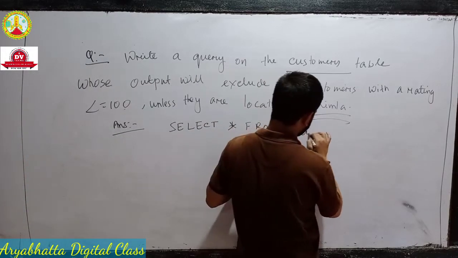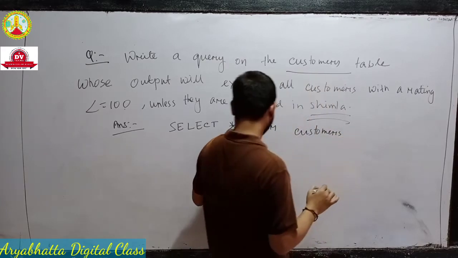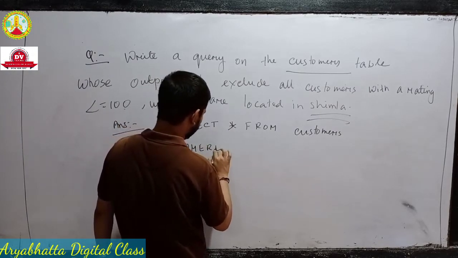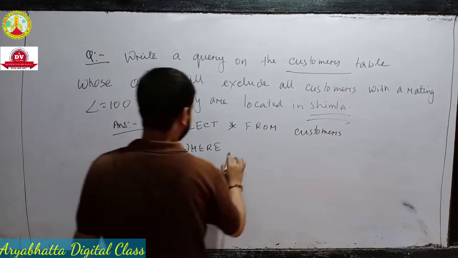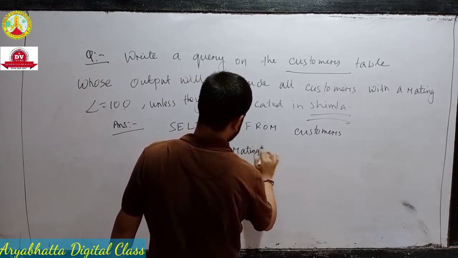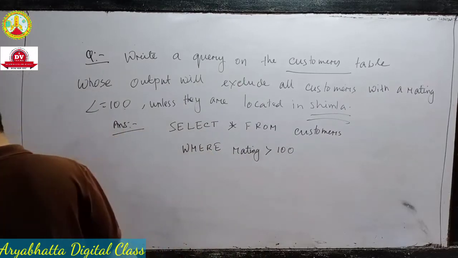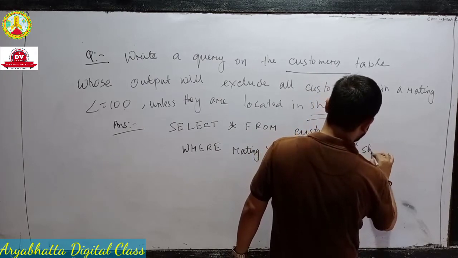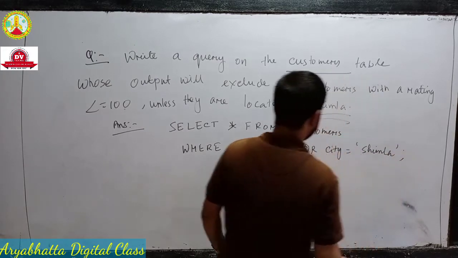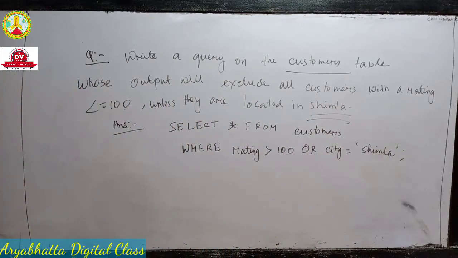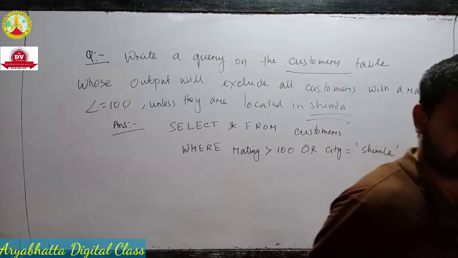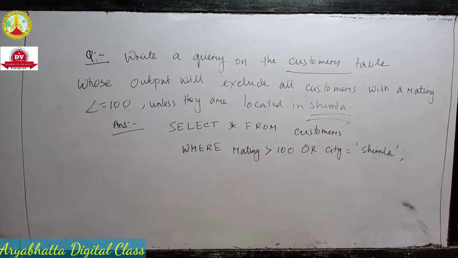Okay, customers is the table name, where we include a where clause, because there is a condition: where rating greater than 100 or city Shimla. This is the condition. Select star from customers means you select all the data where rating is greater than 100.